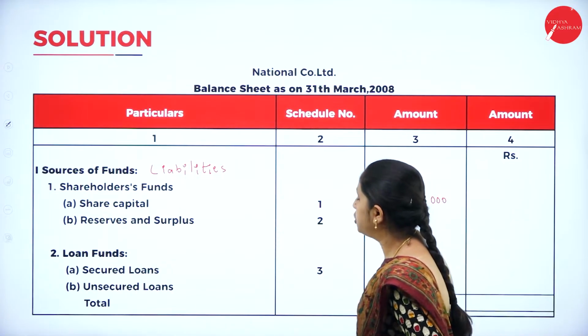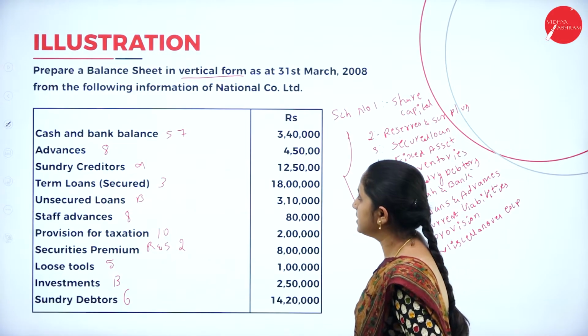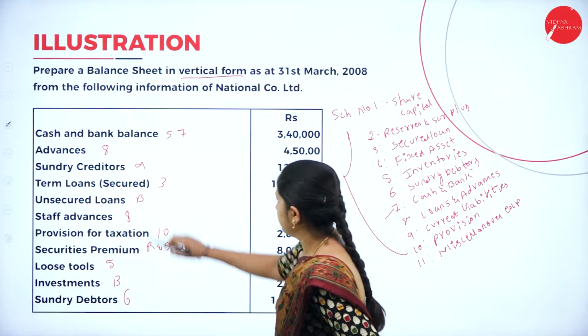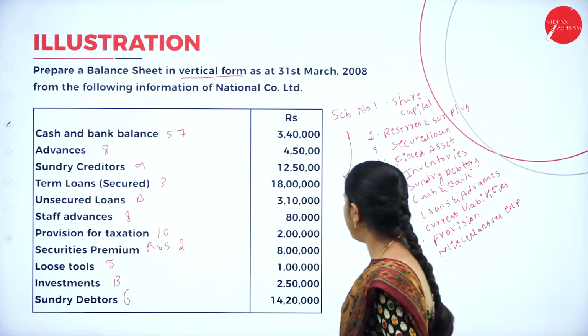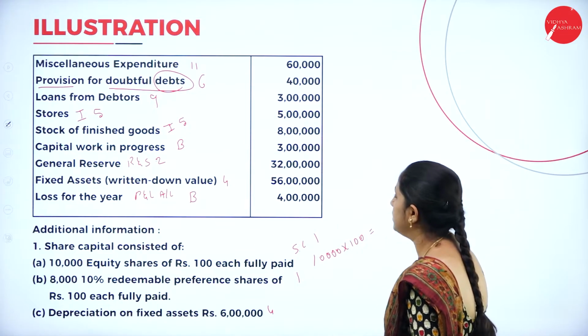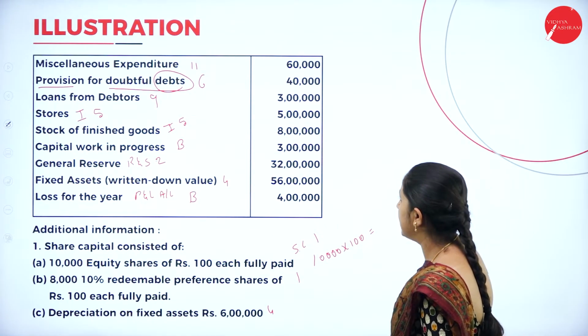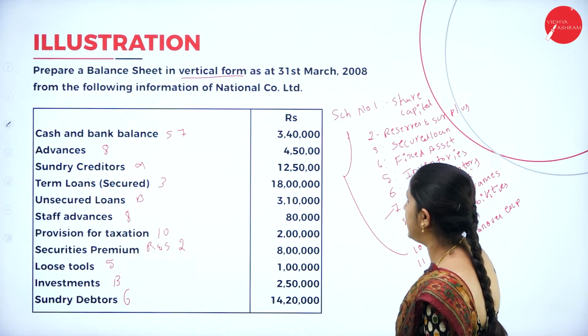Next, Schedule 2 reserves and surplus. First, identify all the reserves and surplus. You have securities premium 8 lakh, then general reserves 32 lakh.